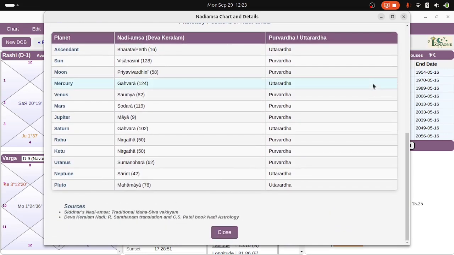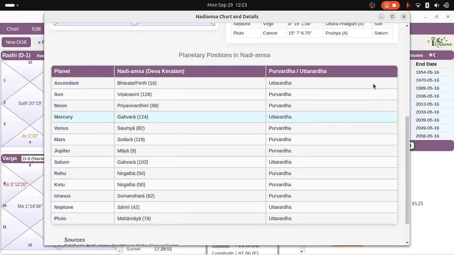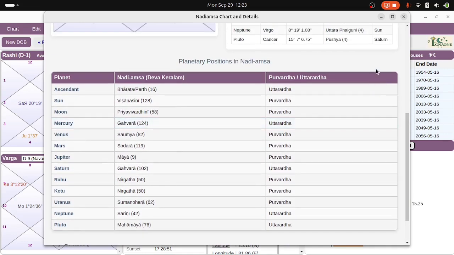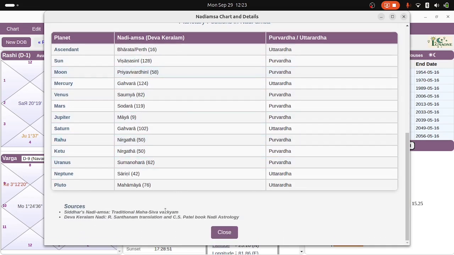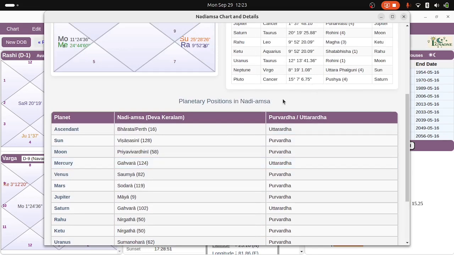If someone wants to be exactly as per the available classical text, which is in written form, this is what it is. You have the Nadi Amshas as per Dev Keralam in Santanam Ji's, C.S. Patel Ji's and Colonel Rajkumar Ji's. There is hardly any serious difference in the naming.